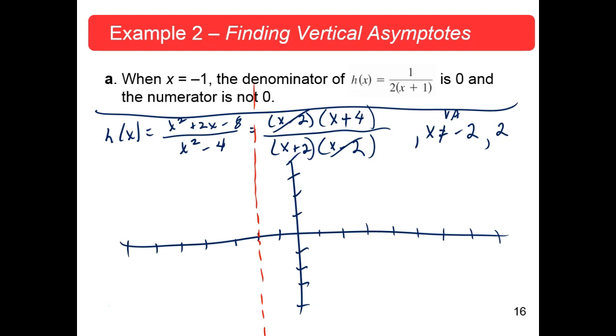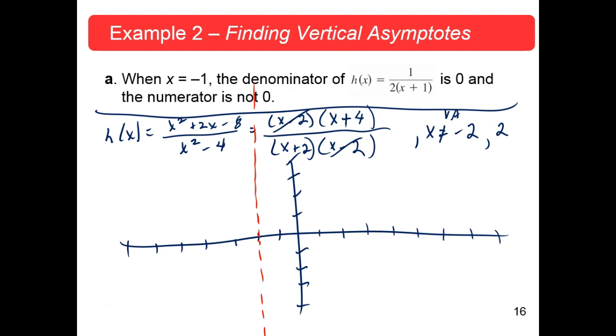Now, since we're here anyway, and I'm drawing in red, does this have a horizontal asymptote? Where? Not 4. The horizontal asymptote is the ratio of the leading terms. What's x squared over x squared? 1.